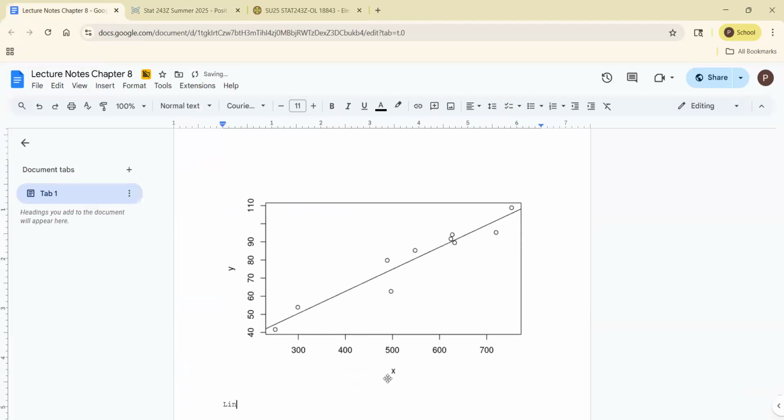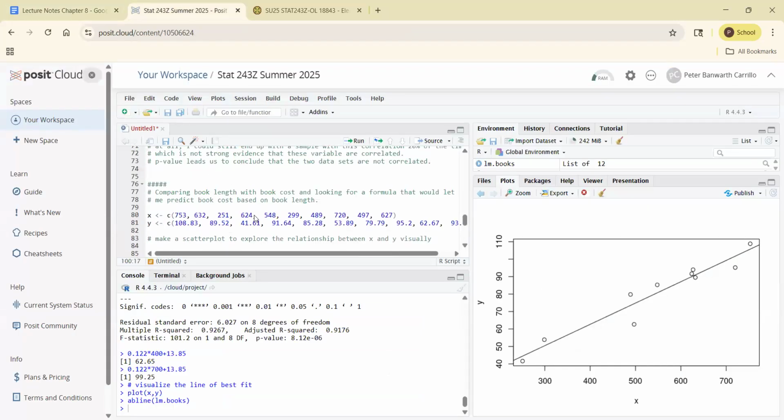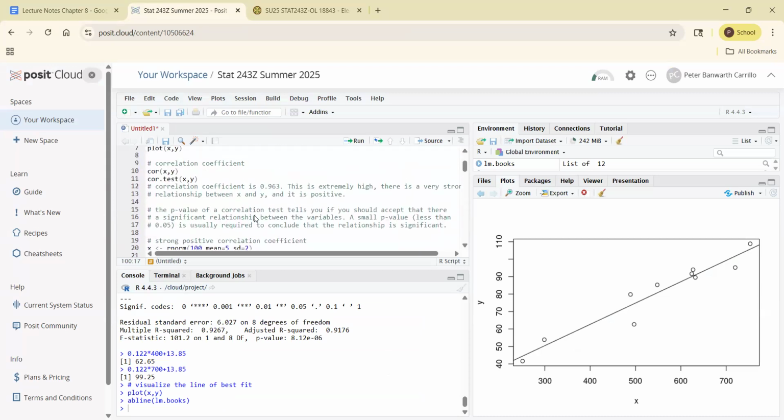So let's look at lines of best fit for the previous data sets. I'm not going to put that in the code just because it's a bit of extra.